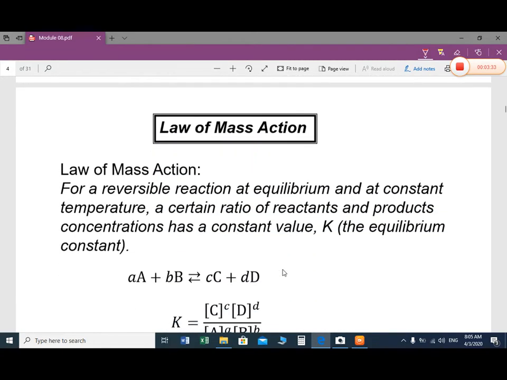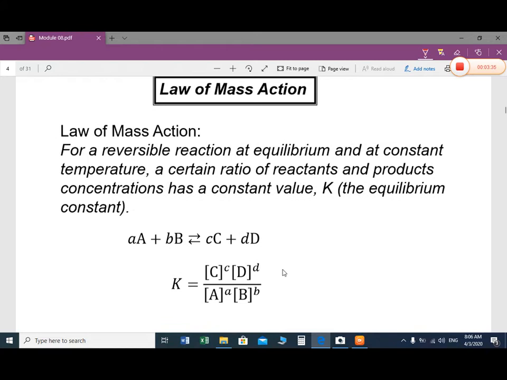Now the law of mass action is important for us to calculate various problems. The law of mass action is a simple mathematical equation that relates the ratio of concentration of the products and the reactants, and when we take this ratio, the answer will be constant. That is called the equilibrium constant. Suppose for example a general equation: a moles of A and b moles of B convert into c moles of C and d moles of D. Small a, b, c and d are the numbers of moles in a balanced chemical equation.